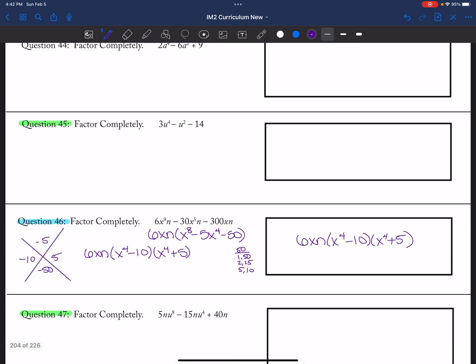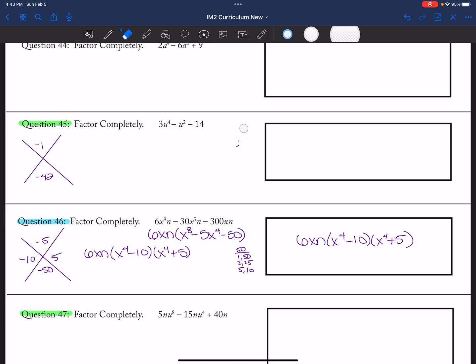Okay, so 45. Again, this will be bottoms up. So negative 1 on the top and 52 on the bottom. Negative 52. 42, just kidding. Didn't seem right.